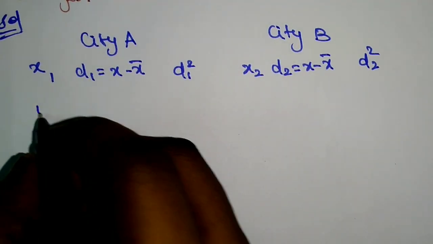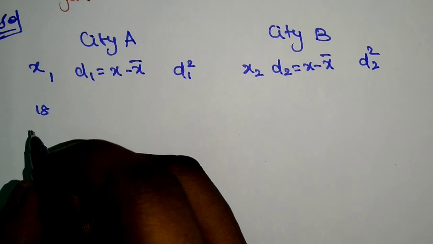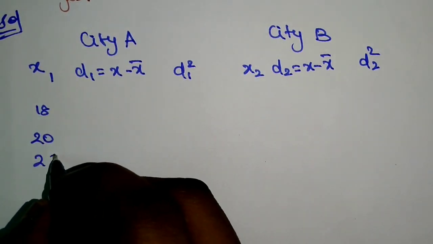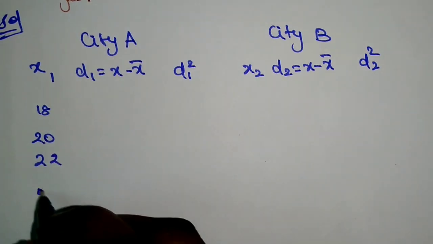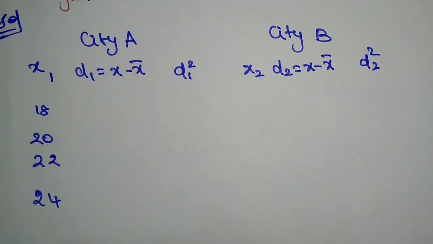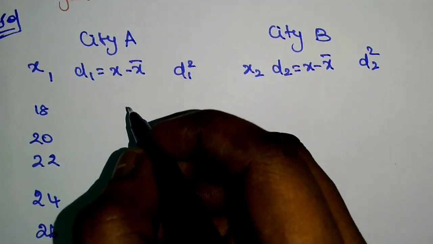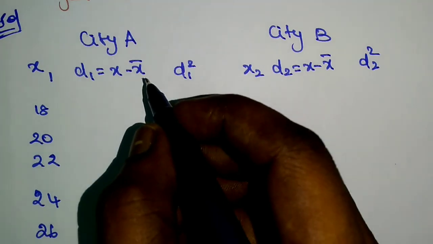Now x1 is 18, 20, 22, 24 and 26. The middle value is 22, that means x bar is 22.